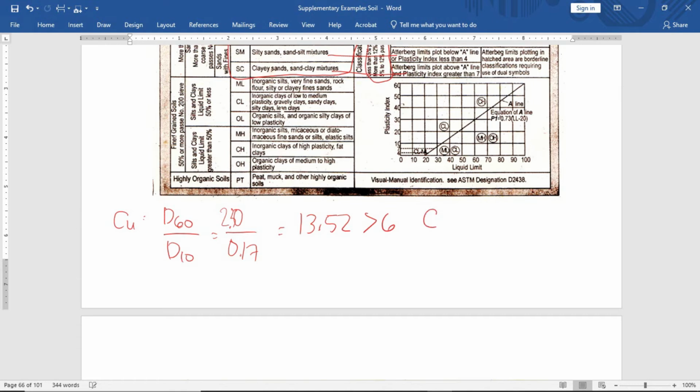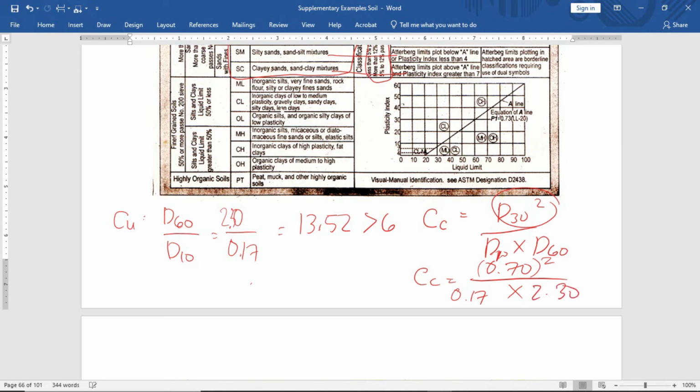How about the Cc? It is D30 squared over D10 times D60. We saw our D30 earlier as 0.7, so 0.7 squared over 0.17 times 2.30.